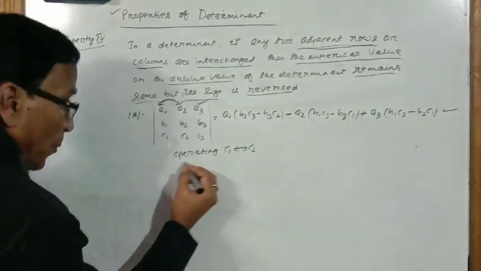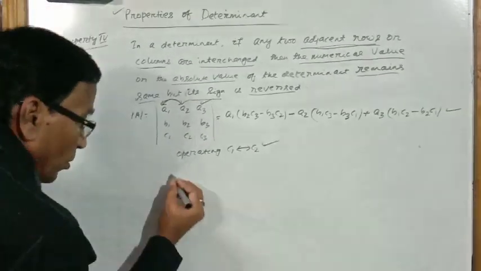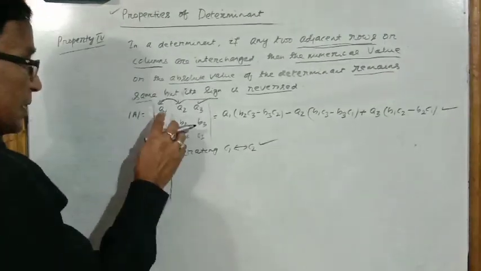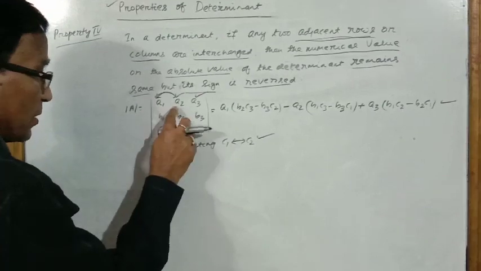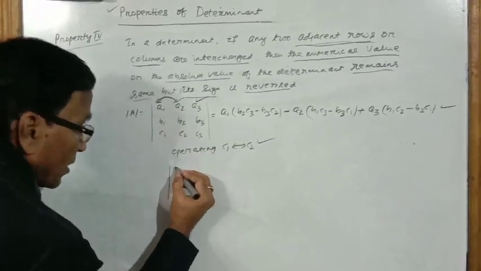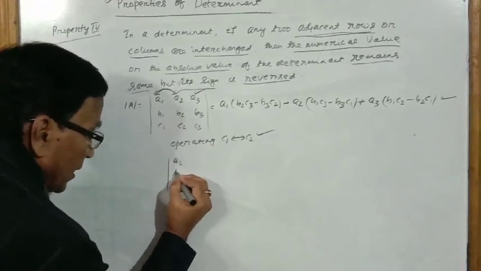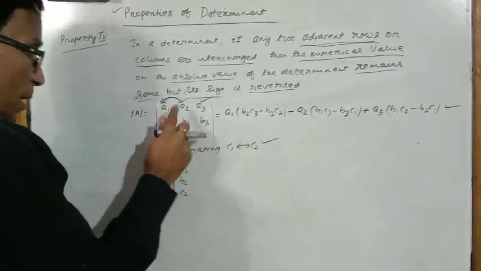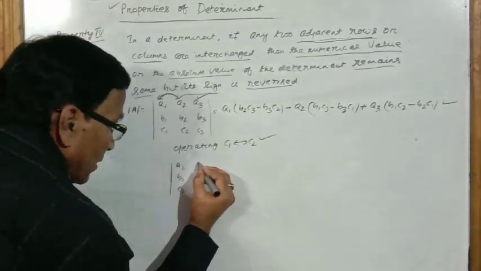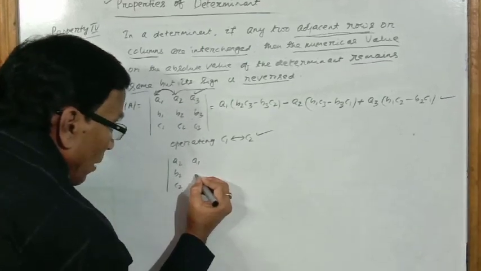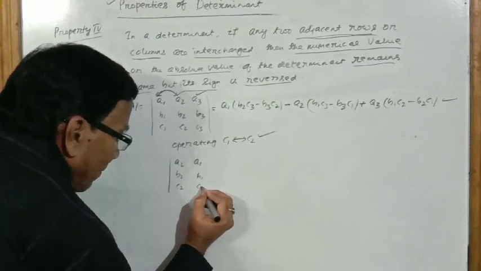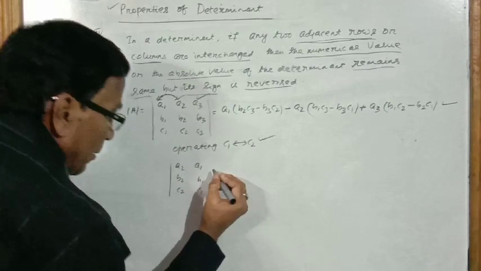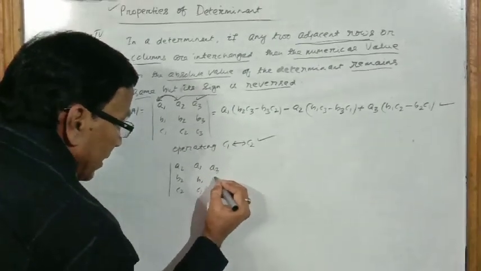Taking this operation, we get the determinant whose first column is A2, B2, C2, and whose second column is A1, B1, C1. The third column remains as it is, A3, B3, C3.